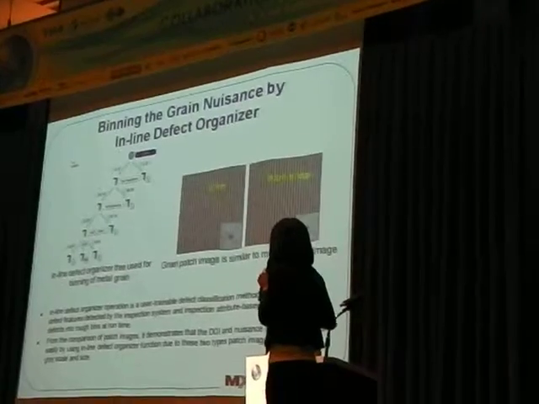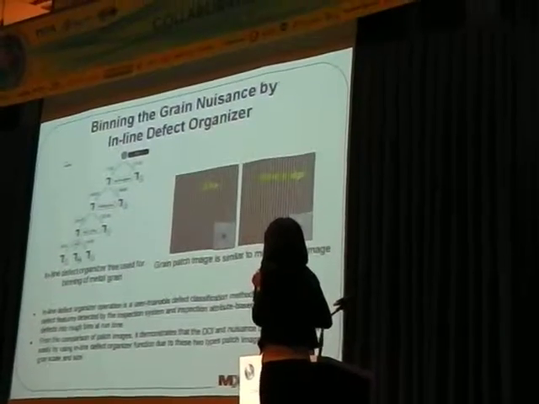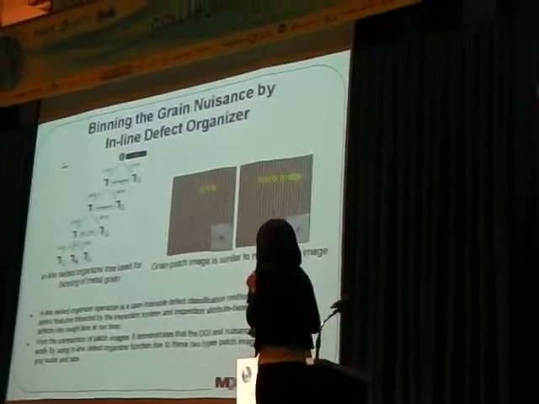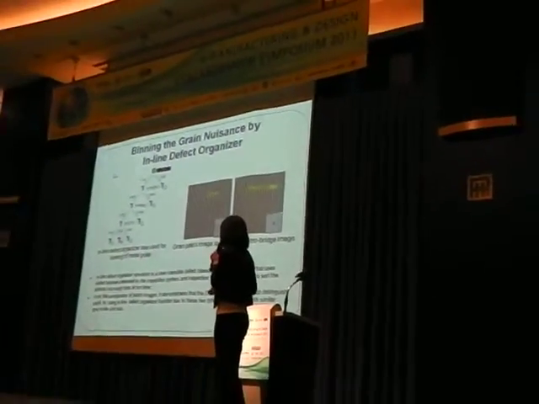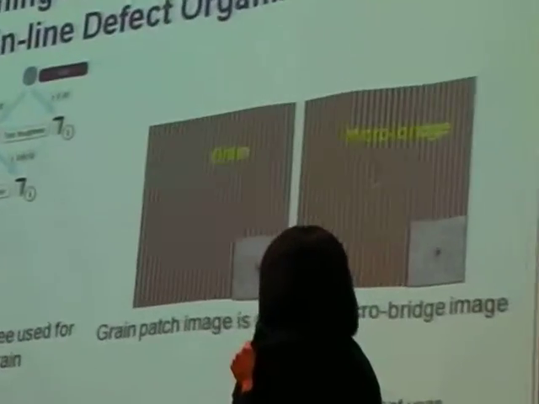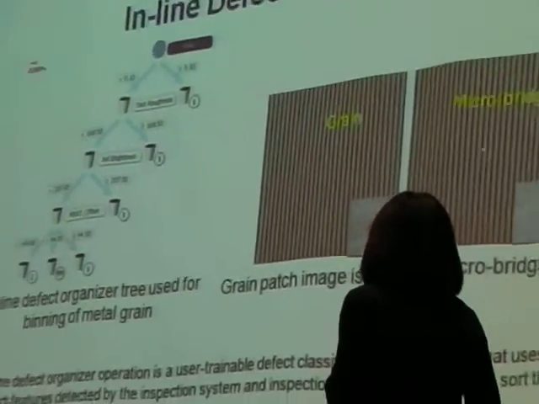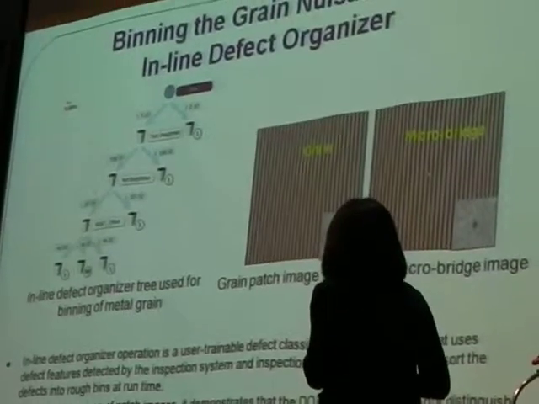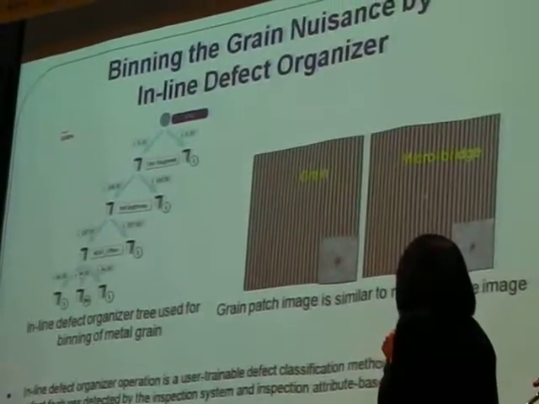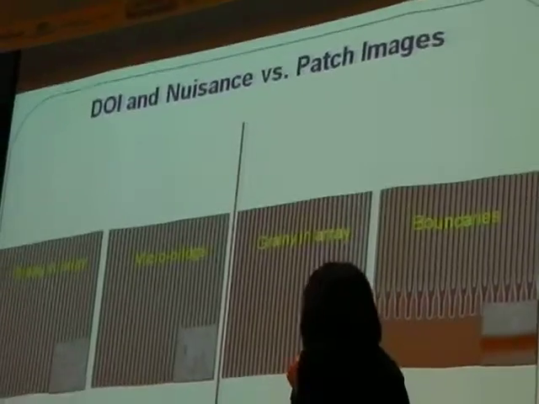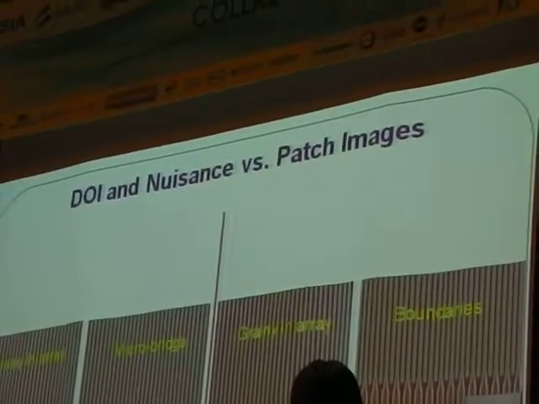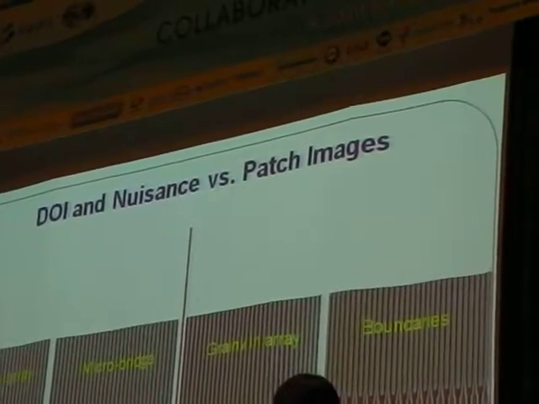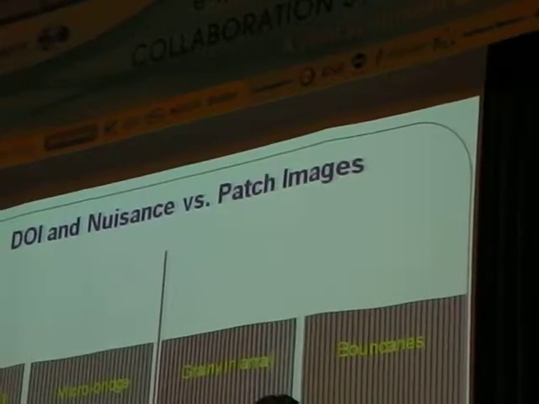And from the graph and the micro-bridge comparison for the patch image, it demonstrates that the DOI and nuisance cannot be distinguished easily by using the inline defect organizer function, due to these 2 types of patch image having similar grayscale and size. And next we will see the example. From these 2 examples, we can see the nuisance and the DOI are already the same patch image. So it is hard to filter the nuisance by the inline defect organizer.